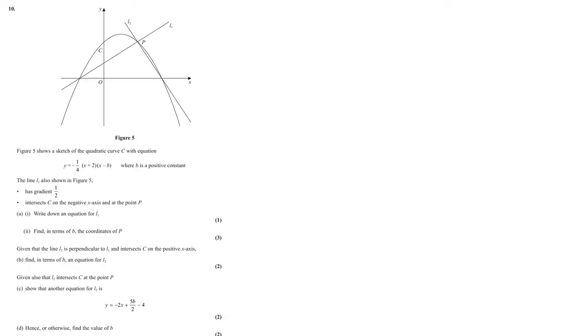Basically either students ran out of time, so they didn't go much past part A, or some students didn't know how to proceed past part A. In this case, a lot of students obtained the correct equation for line L, or line L1, but that was for many the only mark scored.